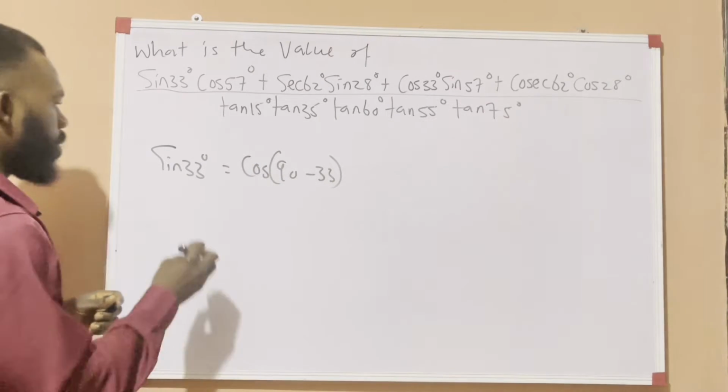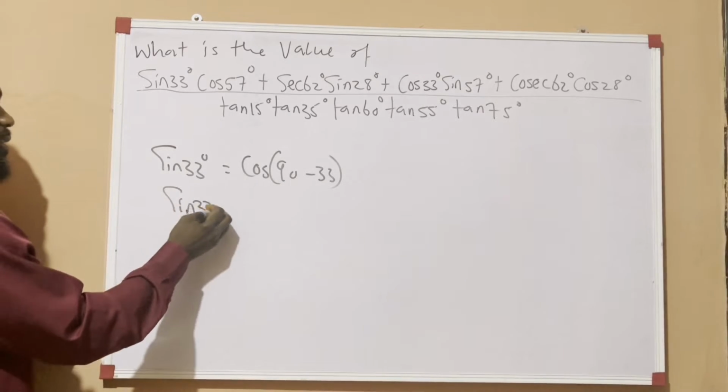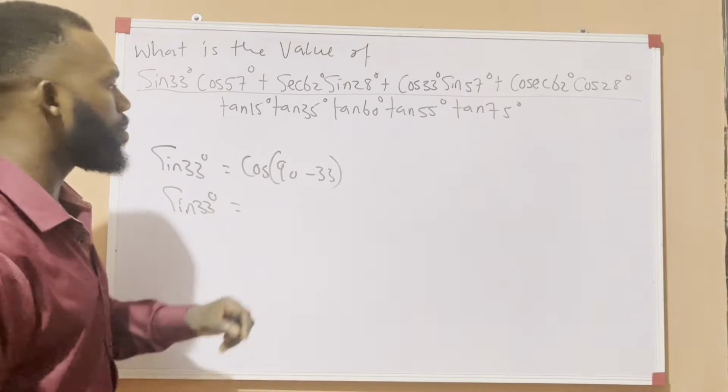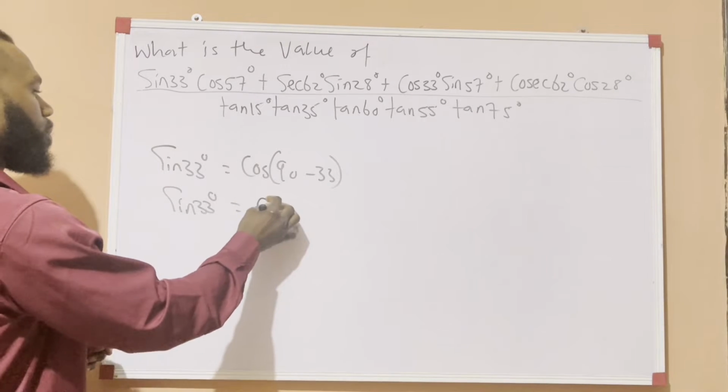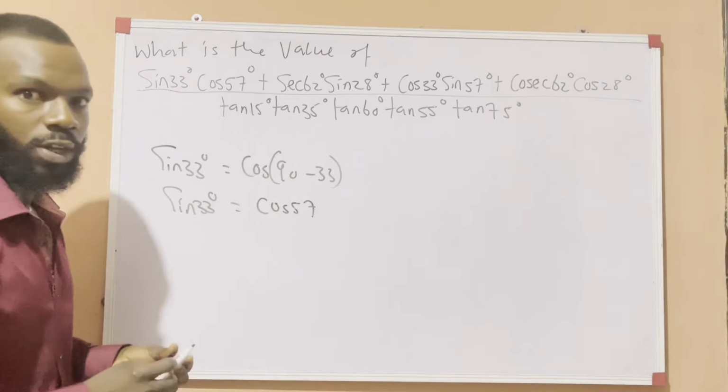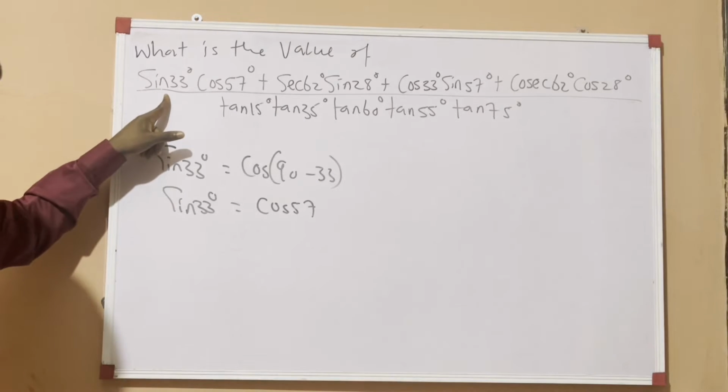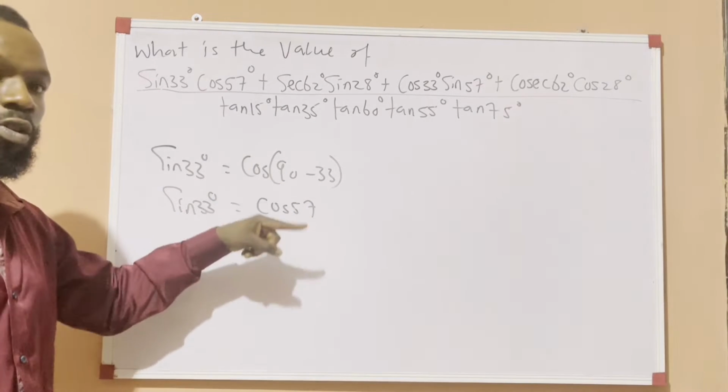Are you with me? So 90 minus 33 will give us 57, so we're going to be having cos 57. So in place of sine 33 degree, what we're going to be putting there is cos 57 degree.